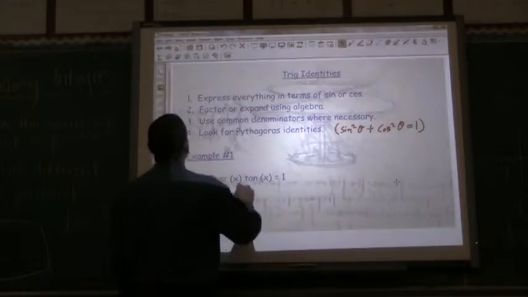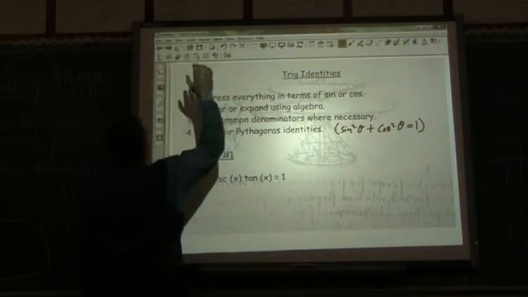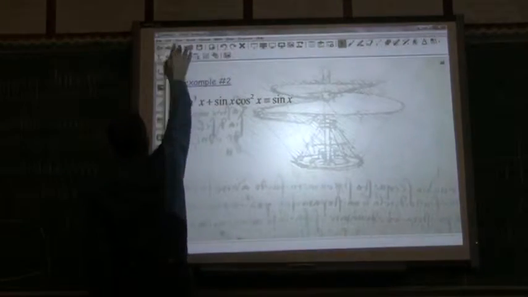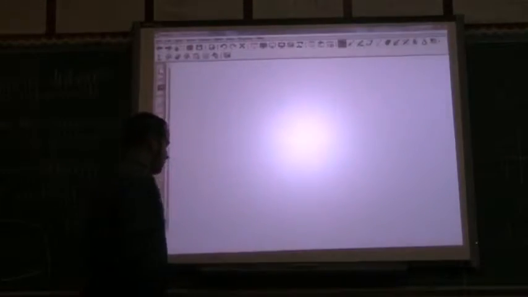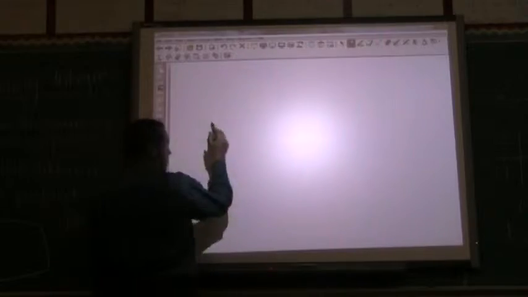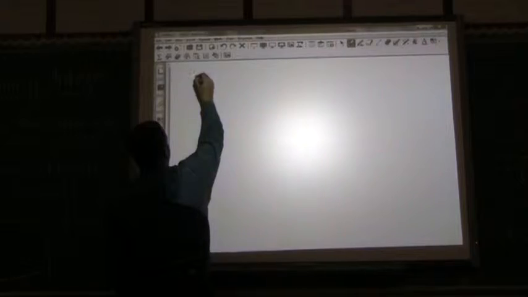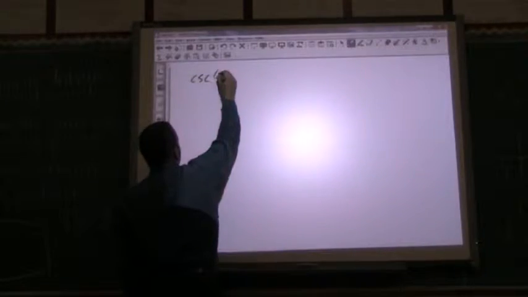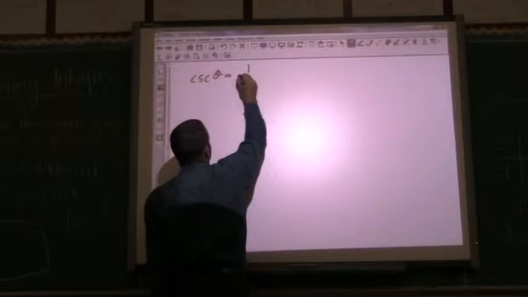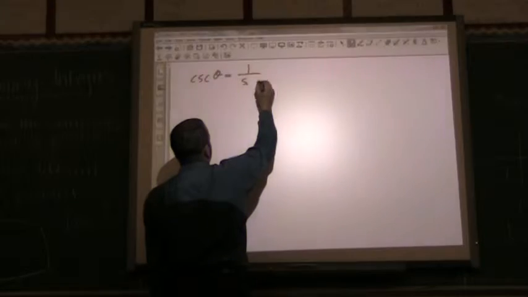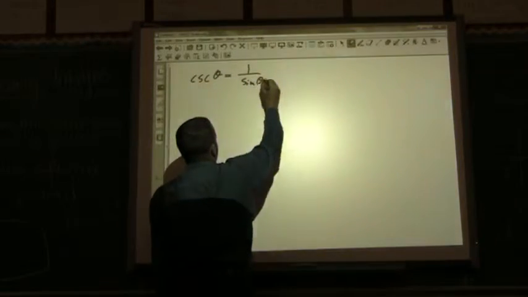Before we go into that, perhaps I can talk about just some of the identities and put them on this page. And there's of course sine and cos, which everything is going to be in terms of. And then we have cosecant theta, which is 1 over sine theta. Okay?